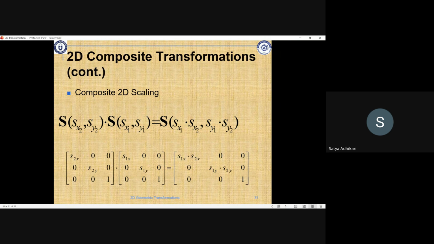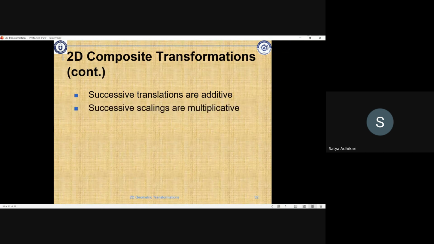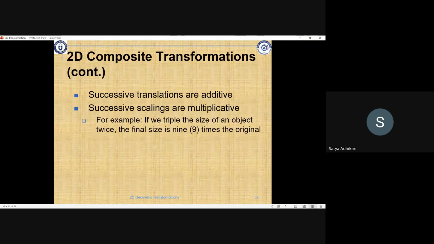Okay, so this is your composite transformation: composite 2D translation, composite 2D rotation, and now the composite 2D scaling. With successive translations, you have to add only.